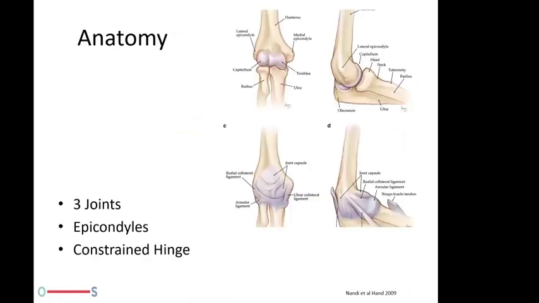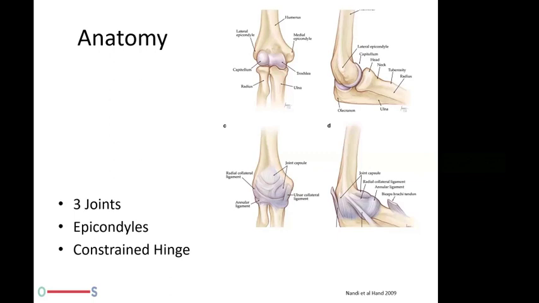The elbow is a complex hinge-type synovial joint. It has an important role in mobilization and linking the hand, wrist, and the shoulder. It comprises three articulations: the ulnohumeral, the radiocapitellar, and the proximal radioulnar articulation.